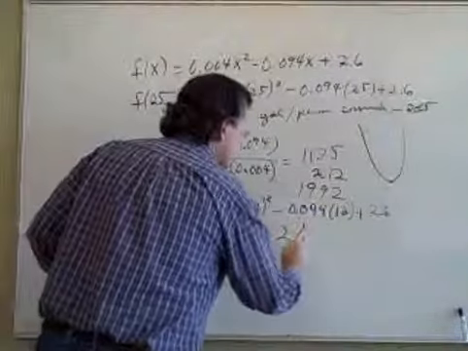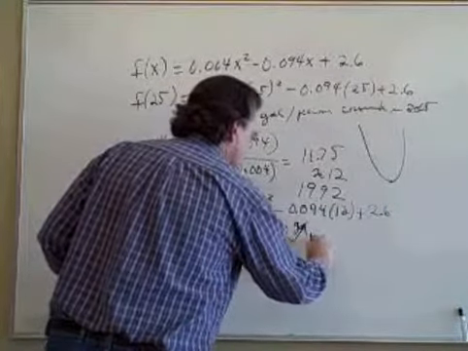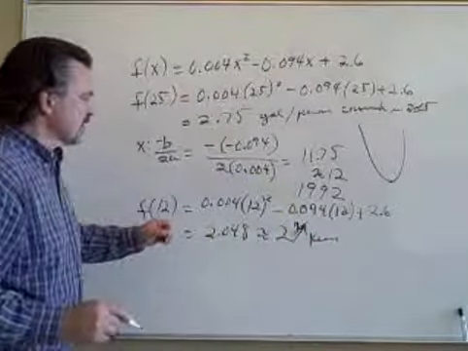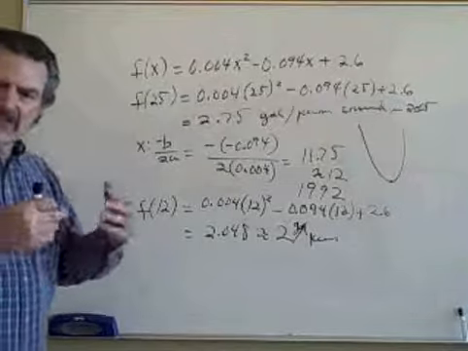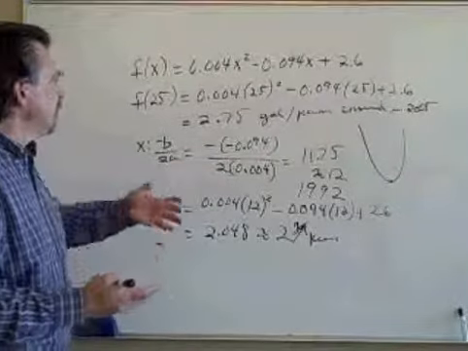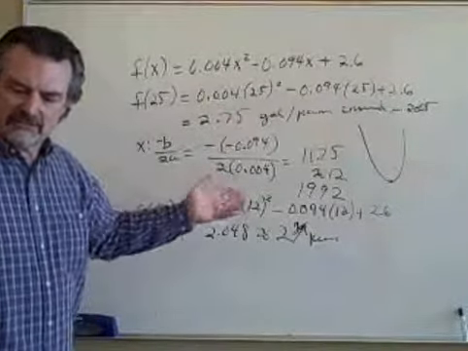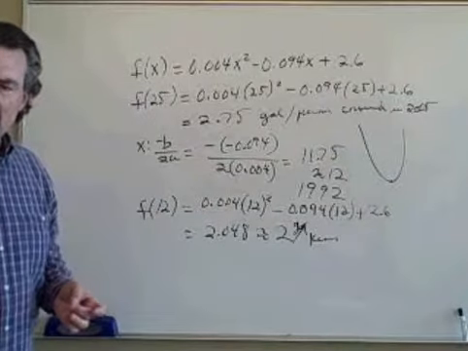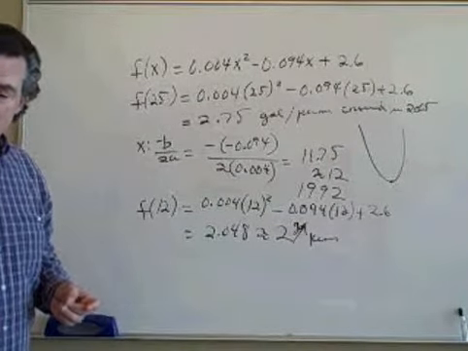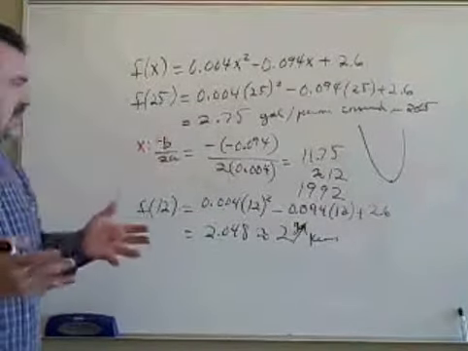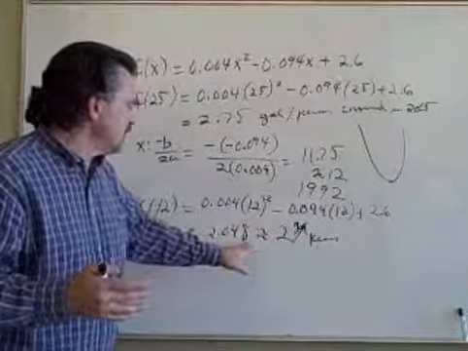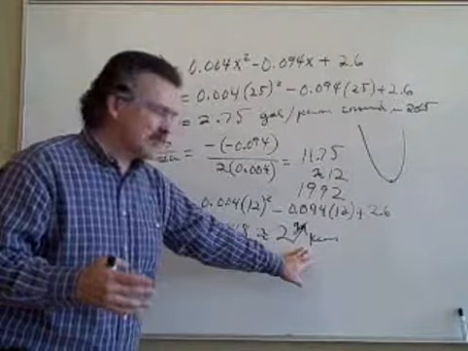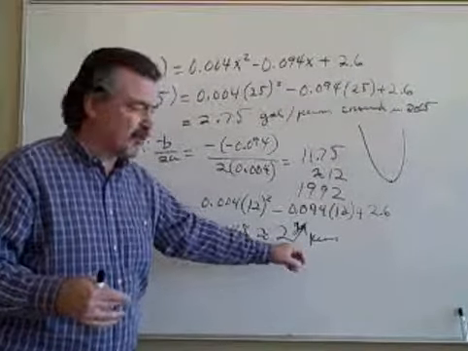So that would tell us 2 gallons per person was the consumption in 1992. And that consumption was the minimum for all the data they collected from 1980 to 2005. In 1992, the consumption was at a minimum of 2 gallons per person.